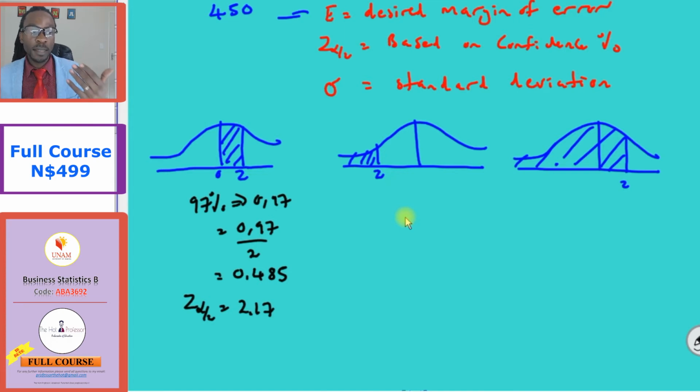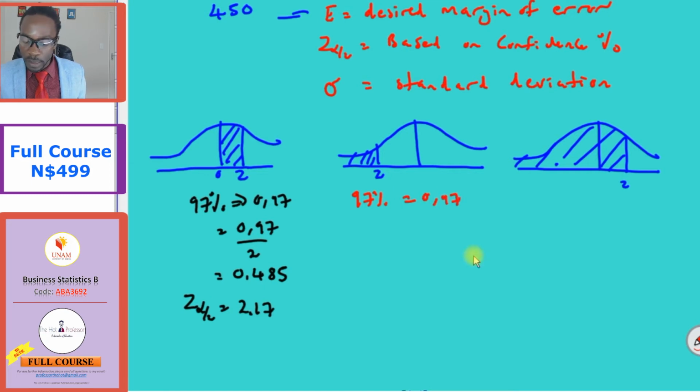Remember, we don't have to do this with all three. I'm just illustrating that depending on what table you get in your exam, you should be able to get the value correctly. So assume we are given this second table in our exam. How do we get this 2.17? It's the same way. Here we will have 97%, which is again 0.97.